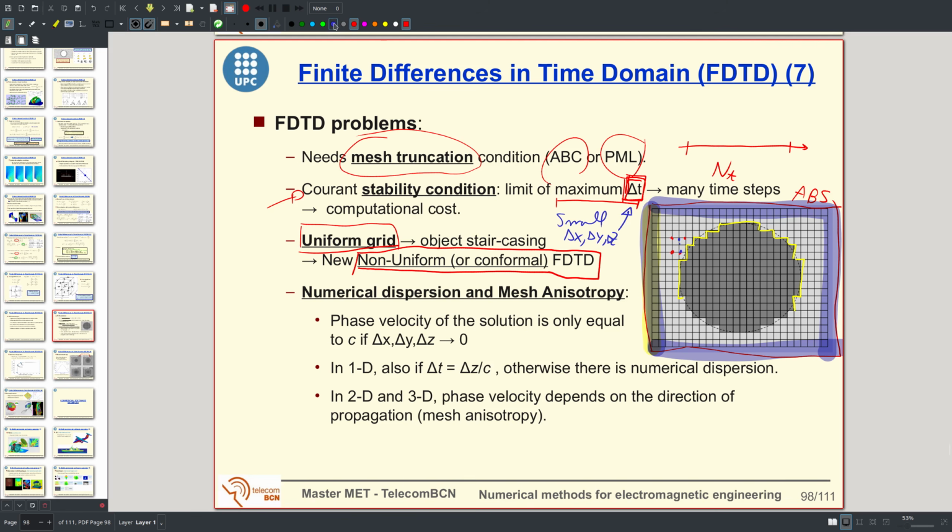But there is another issue. It's called numerical dispersion. The problem is that the phase velocity in the numerical grid, that is the numerical phase velocity, is equal to the phase velocity of the wave in free space only for very small space steps.